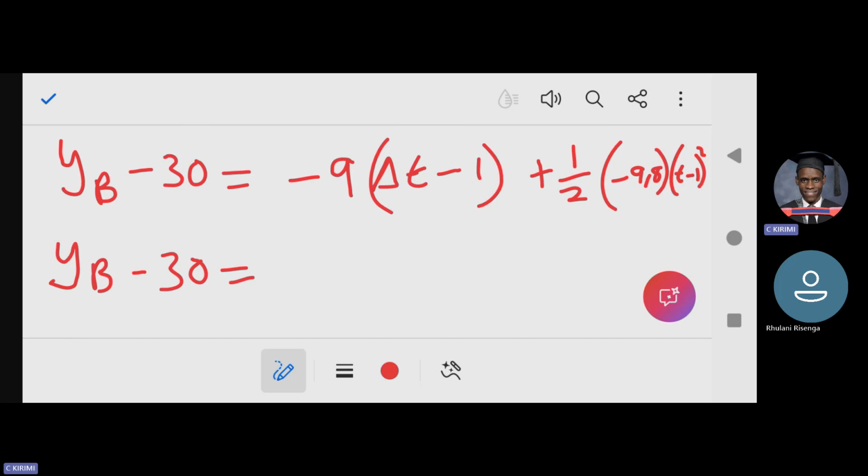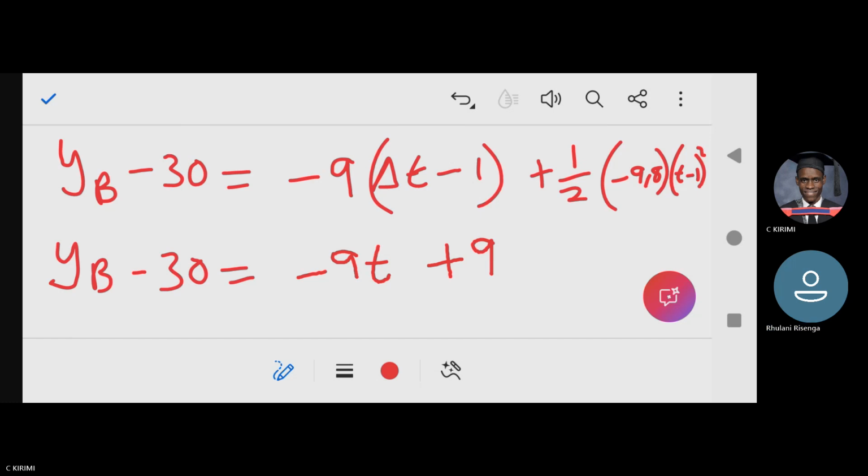Which means the negative is going to be like this. So it will be negative 9 multiplied by negative 9t. Then the negative and the negative, we are expanding now. Negative and negative gives you positive 9.